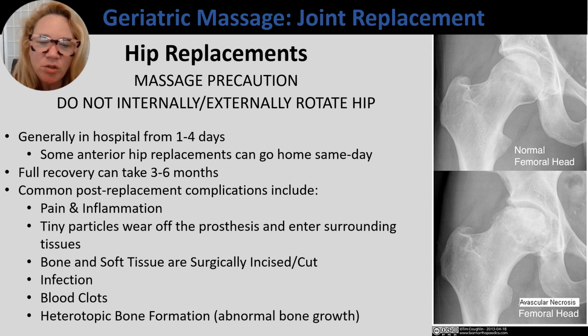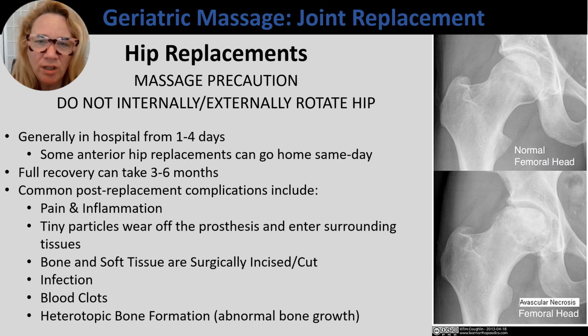You can also have heterotopic bone formation. So abnormal bone growth around the replacement site as well, which can cause new problems. Sometimes tiny parts of the prosthesis can wear off and get into the blood supply, which can cause obstruction to the heart and brain, cause stroke and even death.